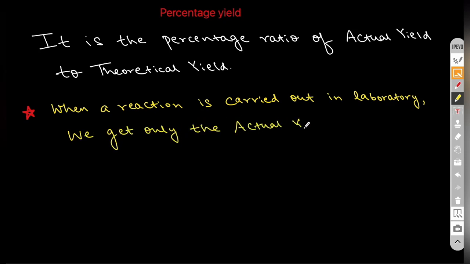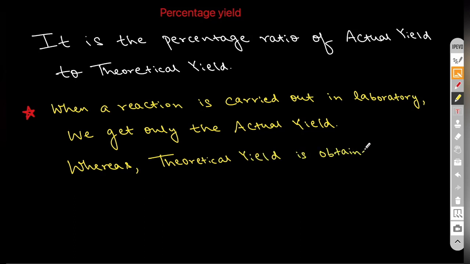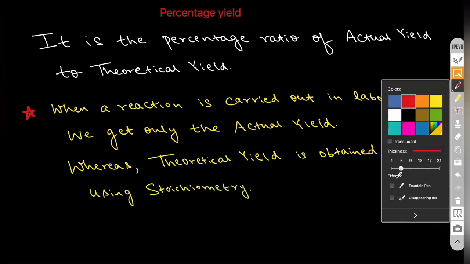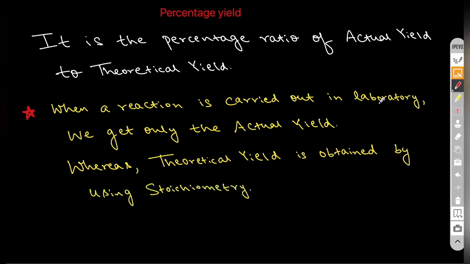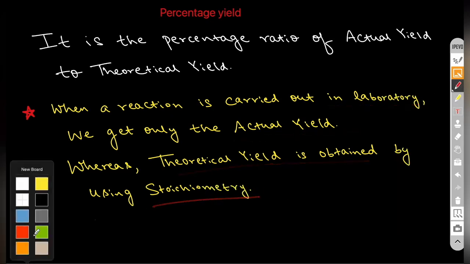So in the laboratory we only get the actual yield, whereas theoretical yield is obtained by using stoichiometry. So basically in the laboratory we get actual yield, whereas for theoretical yield we will use stoichiometry.